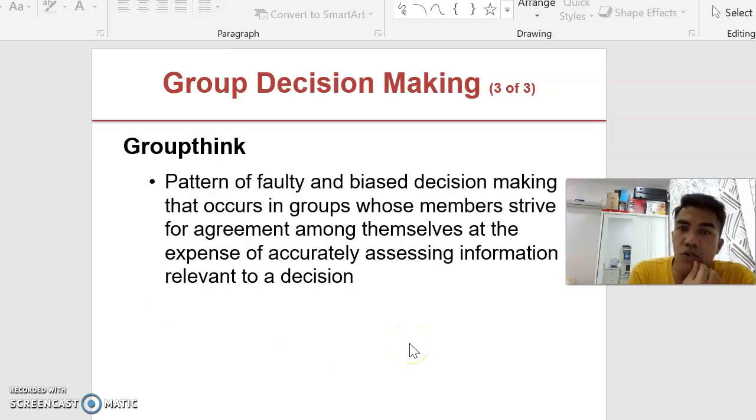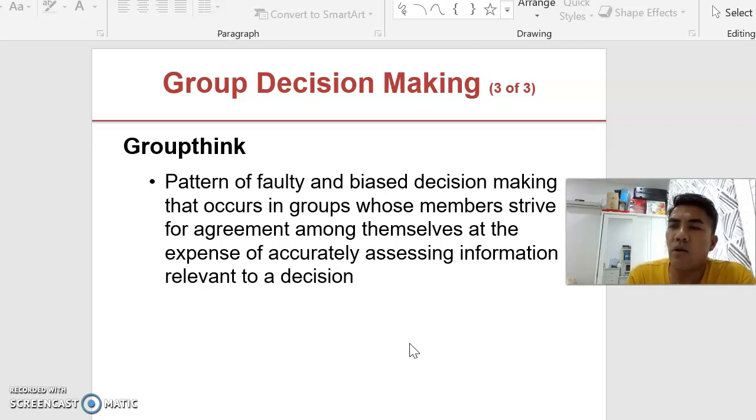Under group decision making, one situation that might occur is groupthink, a pattern of faulty and biased decision making that occurs in groups whose members strive for agreement among themselves at the expense of accurately assessing information relevant to a decision.